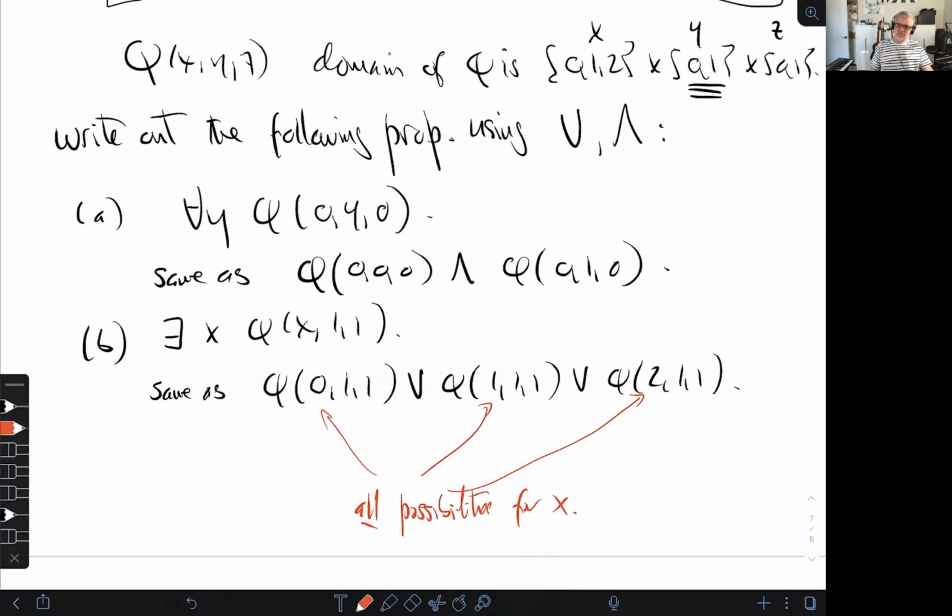So again, the existential quantifier is a way of transforming infinite formulas into a finite thing. Because it's an or, either that one is true or this, and you do the or over all the possible values for your variable, but that's infinite.